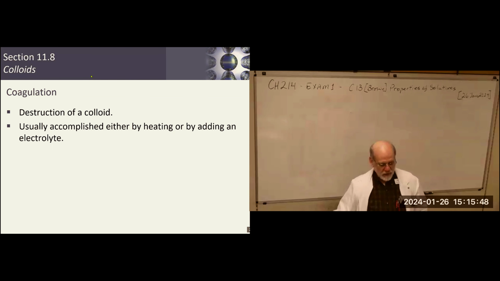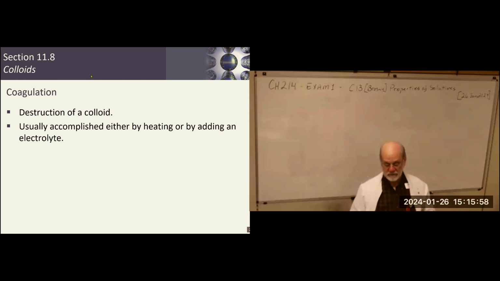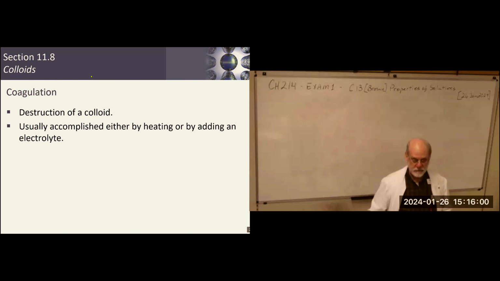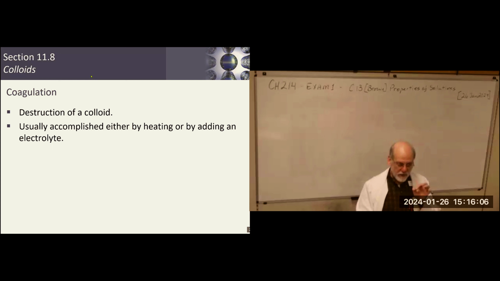Coagulation. Coagulation is a process by which a colloid is destroyed. When we mean destroyed, that means you no longer have the suspension. In other words, it drops out of suspension. And you can accomplish it in different ways. It depends on what the suspended medium is made of.